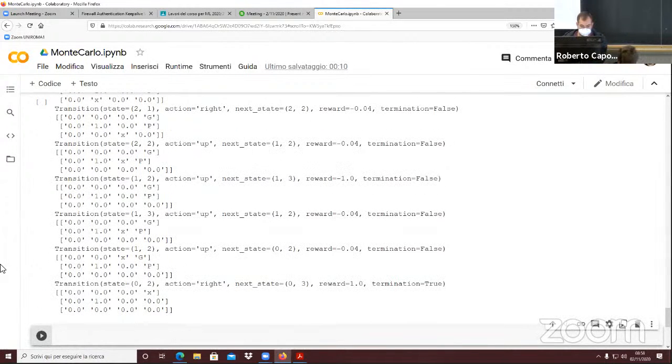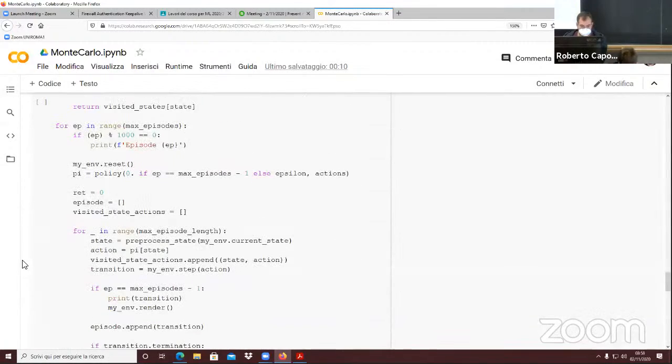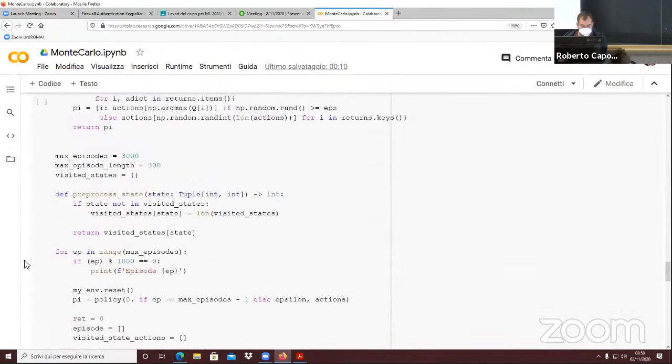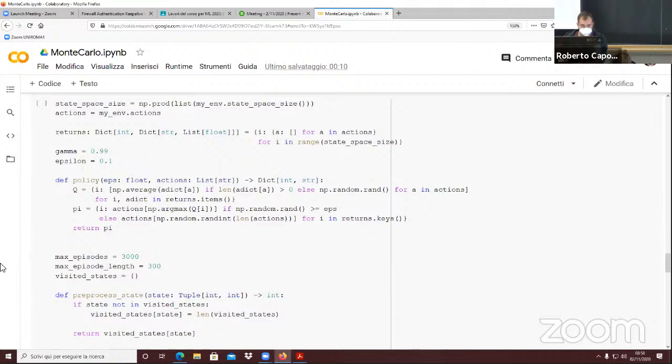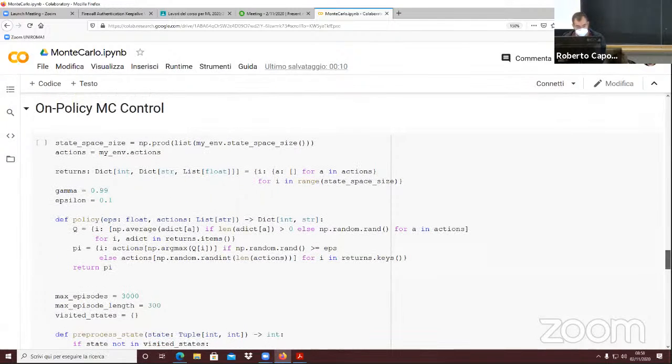Now, let me move on to the code here. So here I'm initializing some structures in the form of dictionaries, just in order to make it easy for me to store the returns.